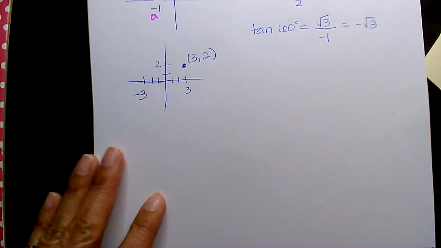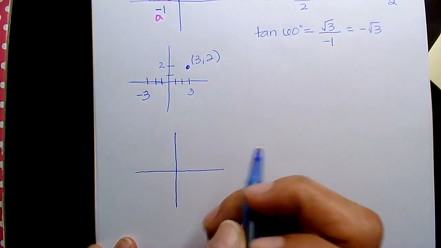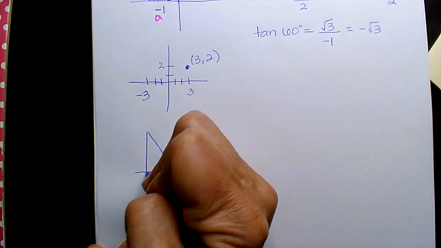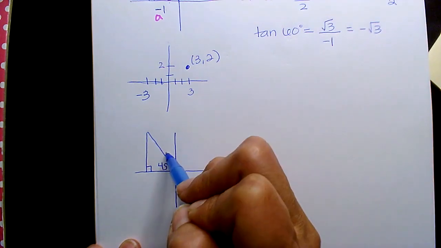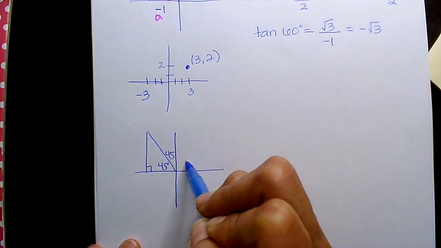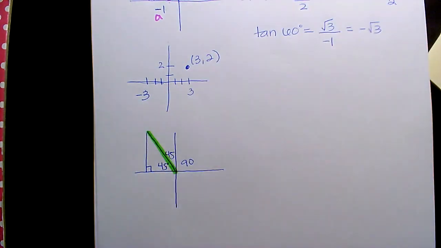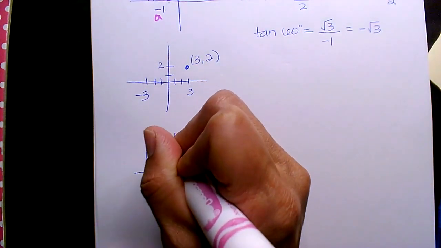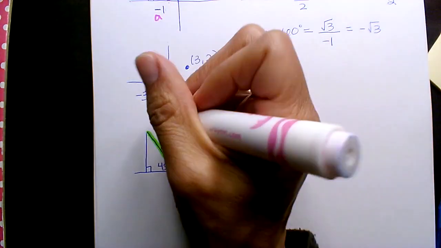Okay, so 135 degrees. All right, if I write the 45-degree angle here, right? If this is 45, this is 45, this is 90, so standard form to the terminal side, what is this angle measure? 135.